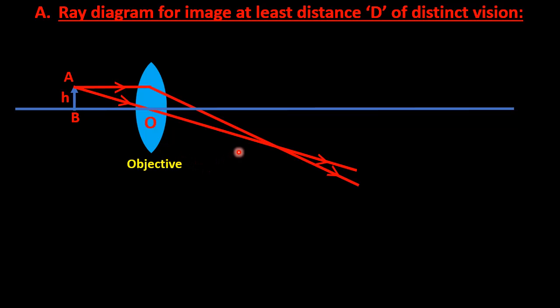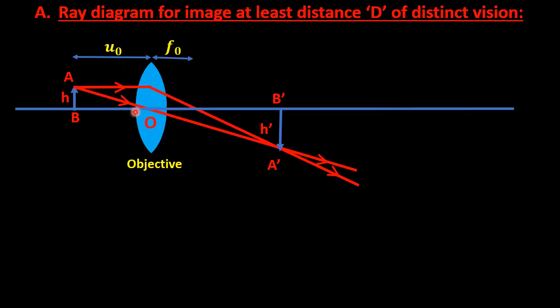After refraction they meet at this point, and here the image of the object is formed. The image is denoted by A' B', and the height of the image is S'. The object distance here is denoted by u0, which is the object distance for the objective.